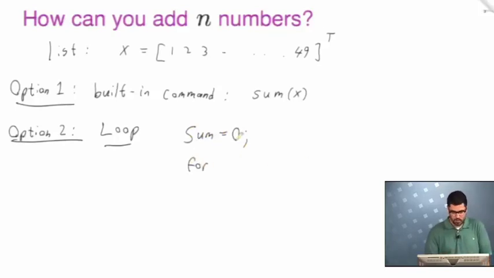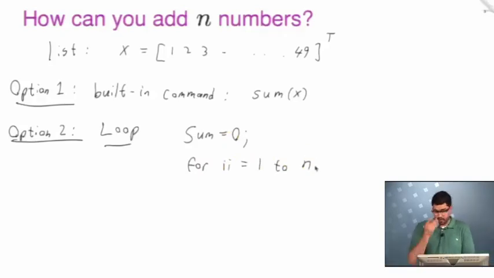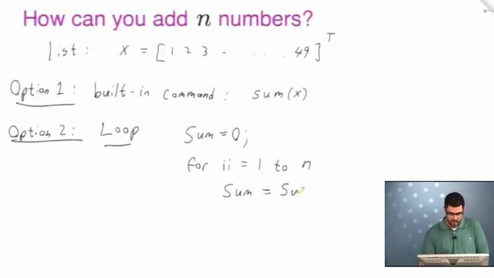So for i equals 1 to n, or the length; sometimes you can use a built-in function known as length to find out the length of your vector. And I'll do this n times, and I'll evaluate the sum by adding the previous value of sum to the current element of the list.